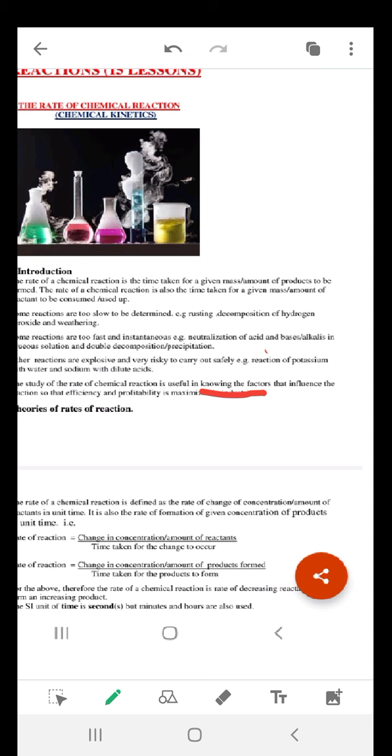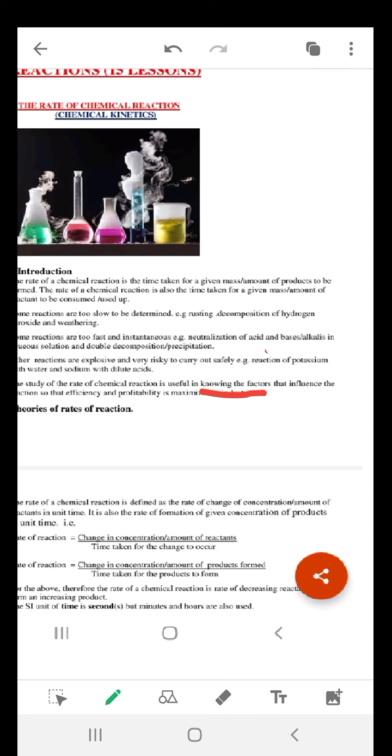Or another person can define the rate of reaction as the time taken for a given mass or amount of reactant to be consumed. So we know in a chemical reaction, the reactants are being consumed and the products are being formed. For you to say there's a reaction taking place, reactants should be consumed, then products should be formed. Then the reaction would occur.